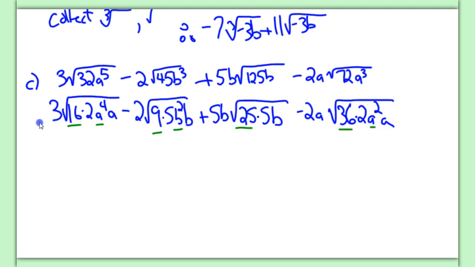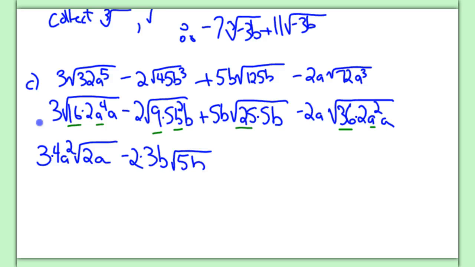So as we rewrite this, we end up with 3, and because of the perfect square, 3 with a 4 and an a squared, square root, and what's left is 2a. Minus 2 and a 3 and a b, and on the inside what's left is 5b. Plus 5b and a 5, what's left inside is 5b.